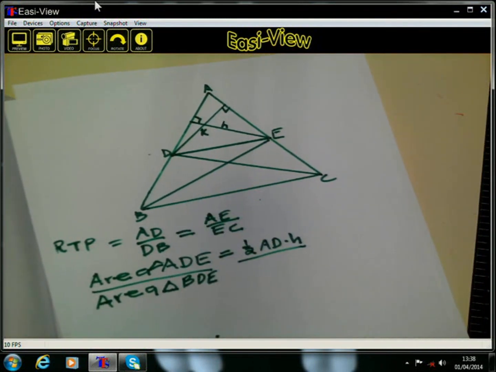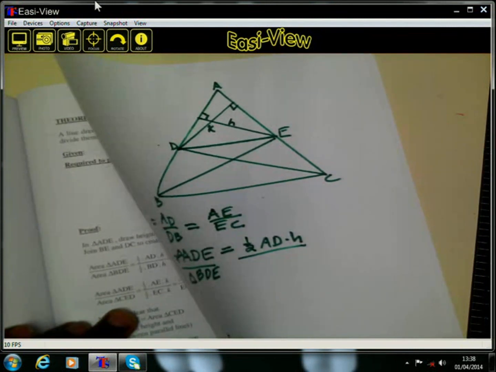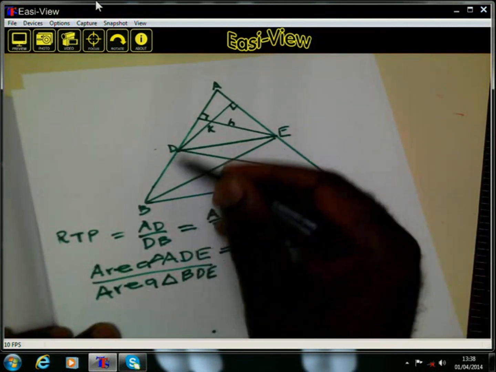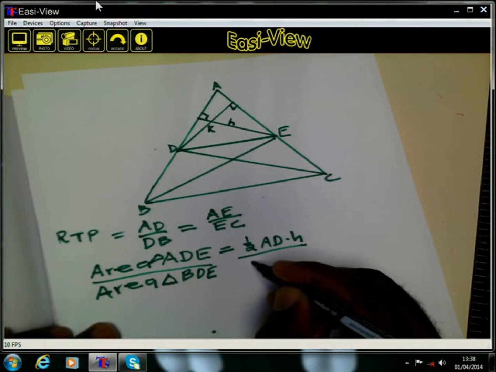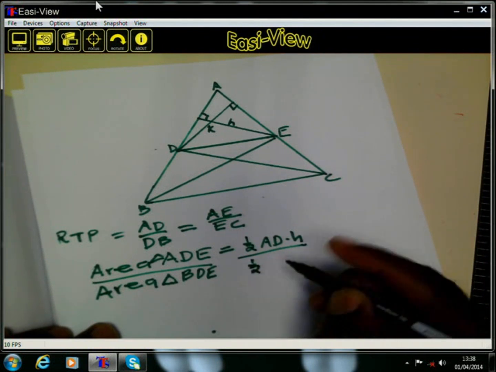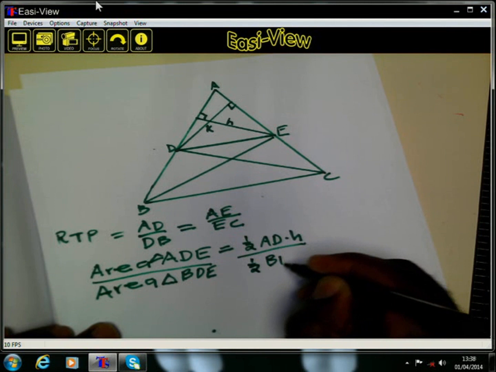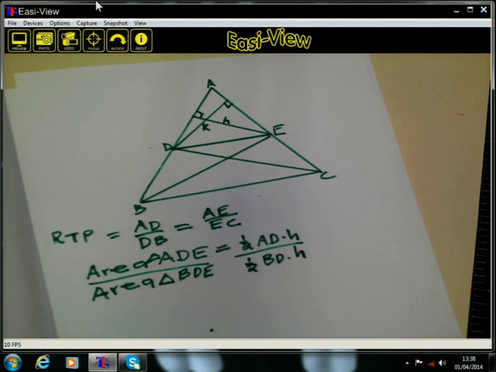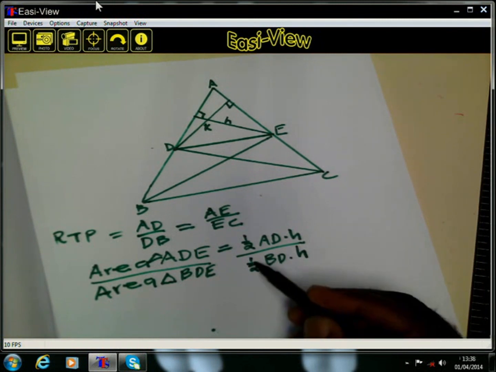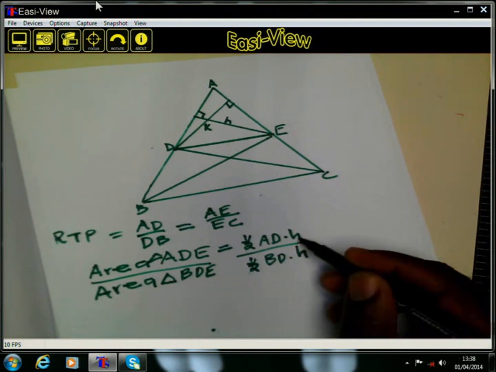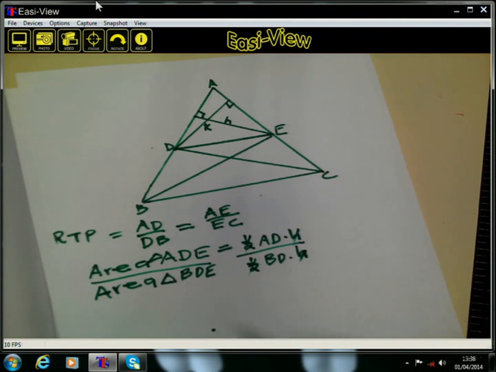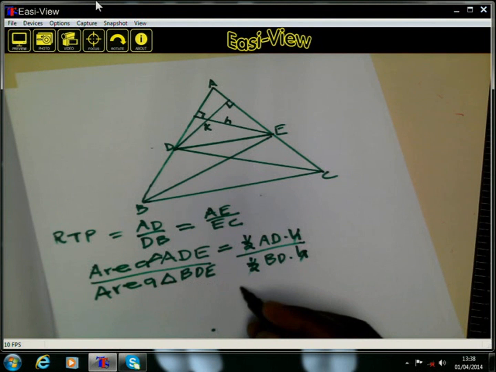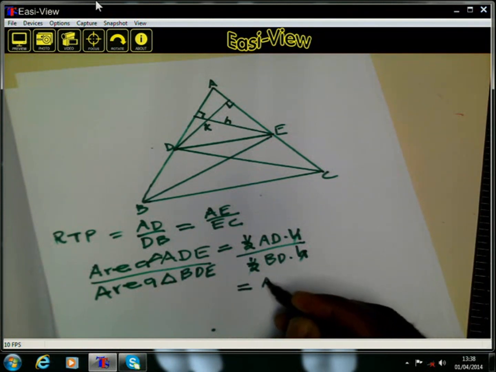The base will be BD. So you are also multiplying half by BD, multiplied by the perpendicular height H. Now you can easily see that the half will cancel the half and the H will cancel the H. So the area of triangle ADE over the area of triangle BDE will be equal to AD over BD.